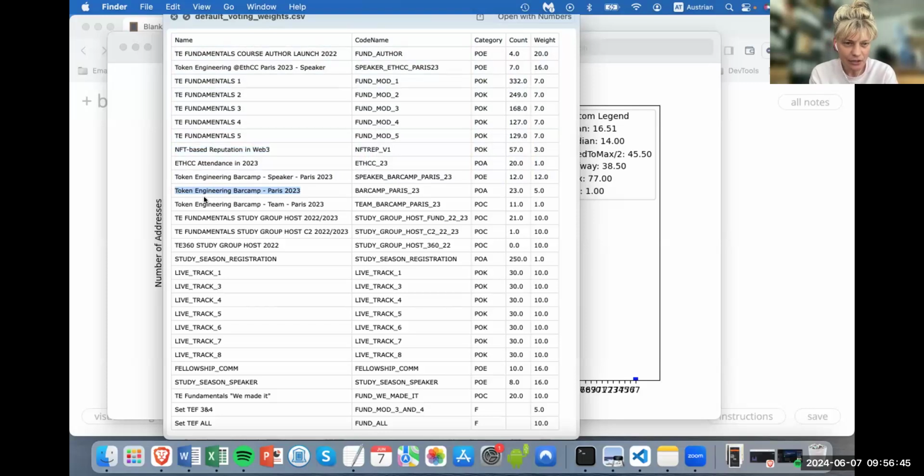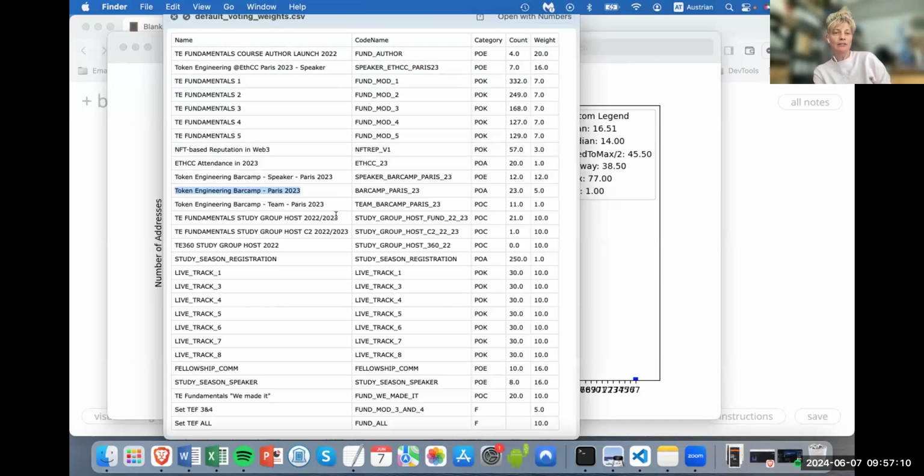TE Fundamentals Study Group host is even higher, at 10, because these people invested their time to run a minimum of 3 months of learning sessions. So it's a great testimonial for their commitment to the field. And for running learning sessions, you have to know the content well.